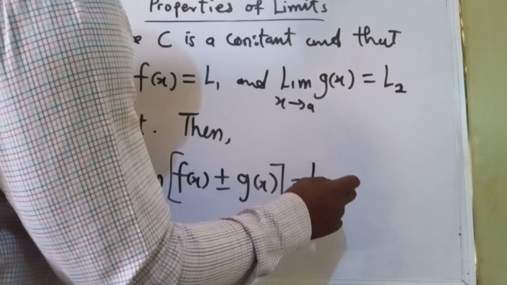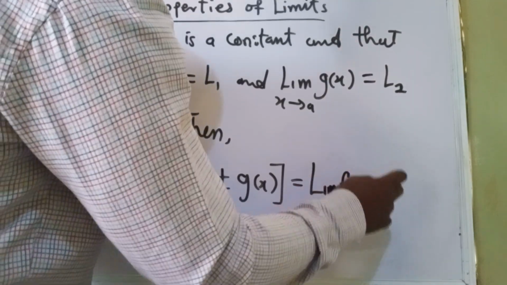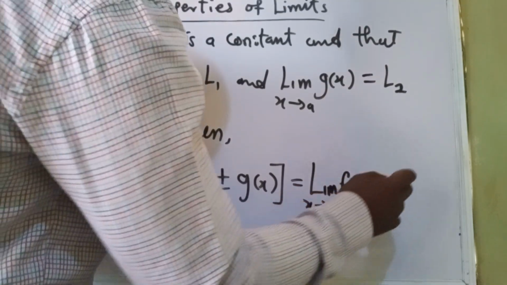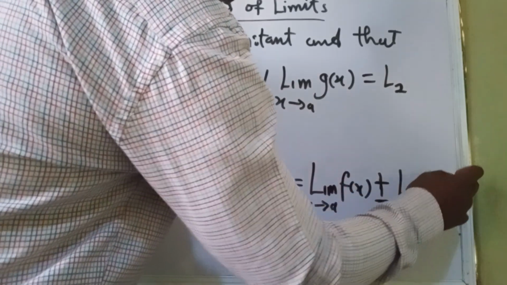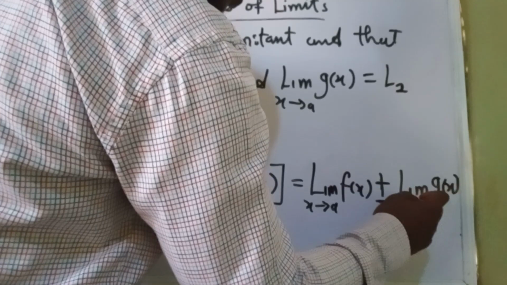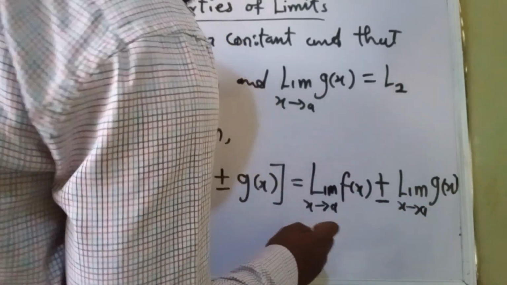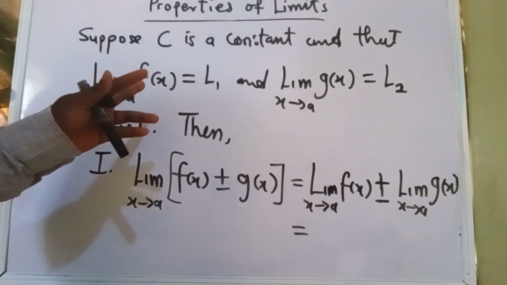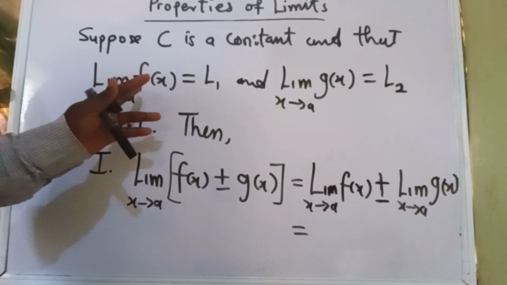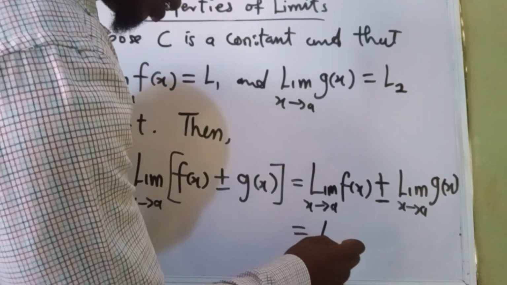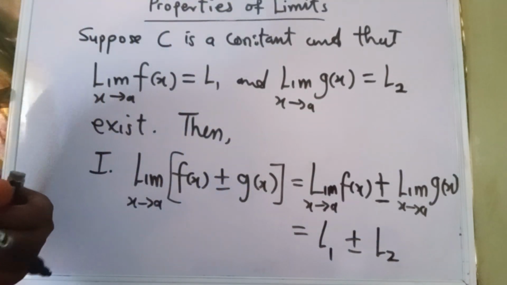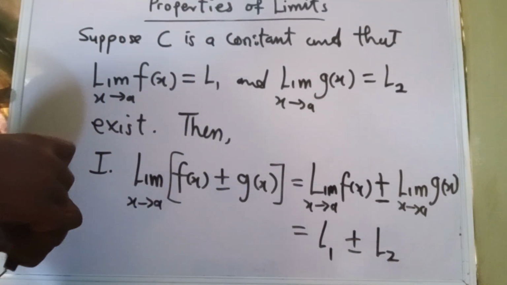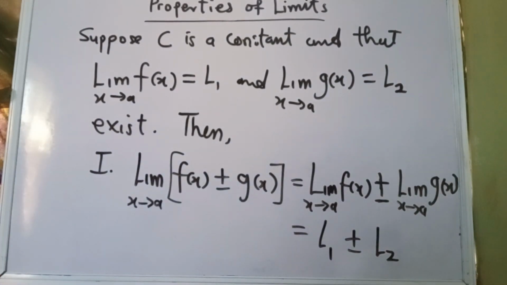This will give us the limit of f of x plus or minus the limit of g of x. By the supposition here, the limit of f of x is L1 and the limit of g of x is L2. So this is what is referred to as the sum and difference law.